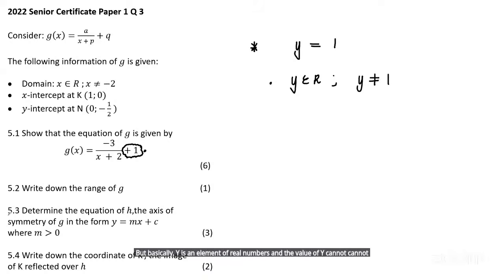And we always write Y is an element of real numbers, but whatever happens, Y can never, ever be 1. There are many ways to write this, by the way. But basically, Y is an element of real numbers, and the value of Y cannot be 1.